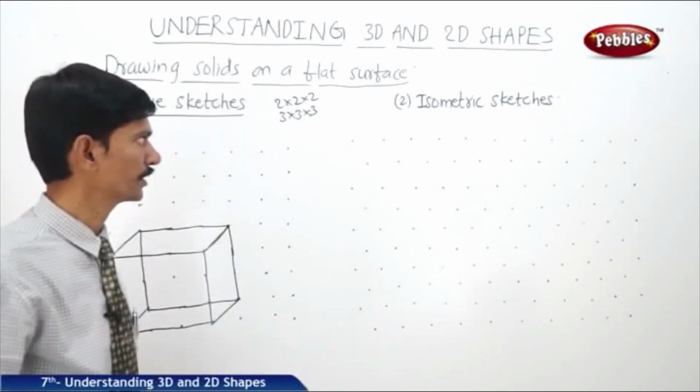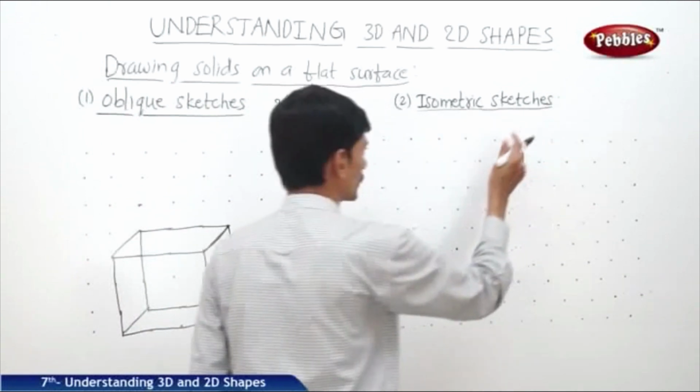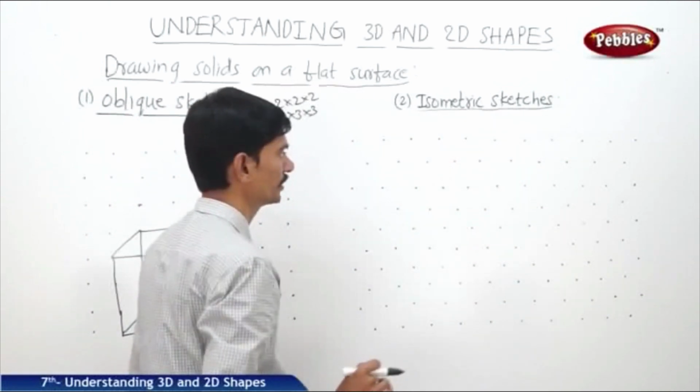Now in case of isometric sketches, we take equilateral triangles made up of dots or lines.